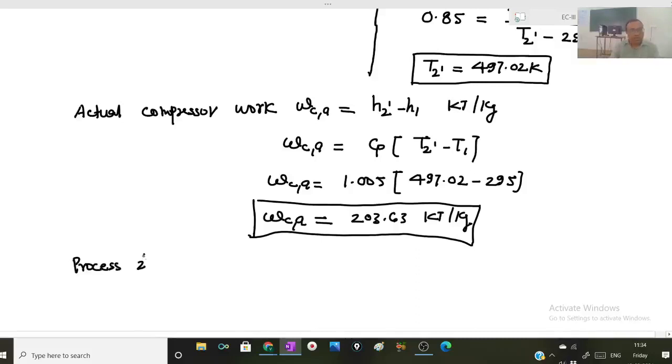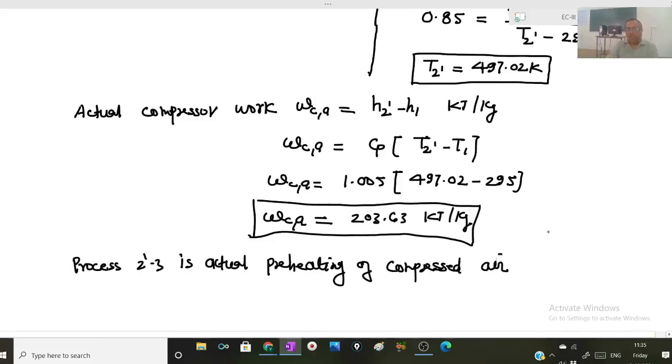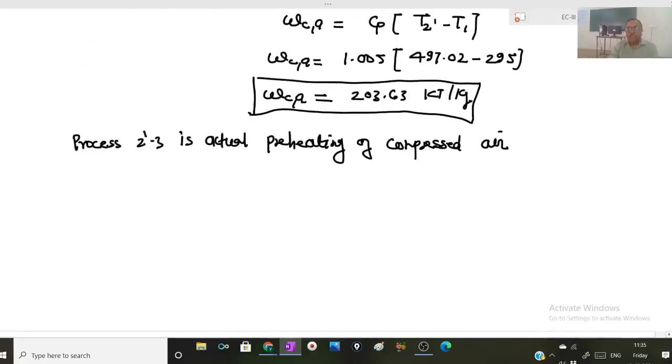Process 2-3 is actual preheating of compressed air. So here regenerator will come into picture and regenerator efficiency will come into picture.